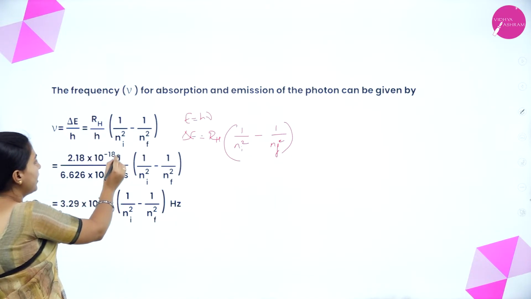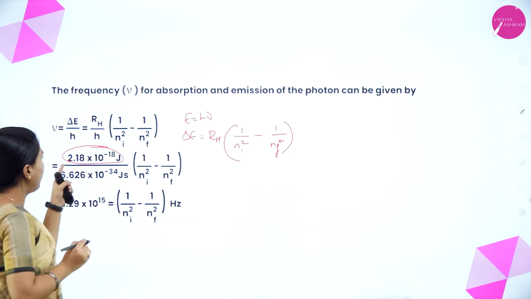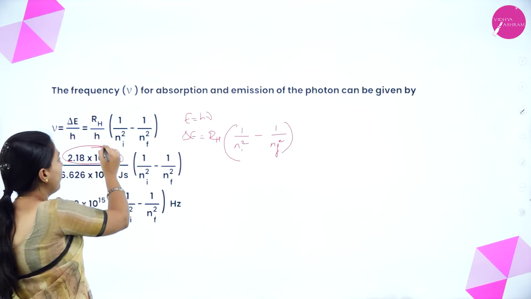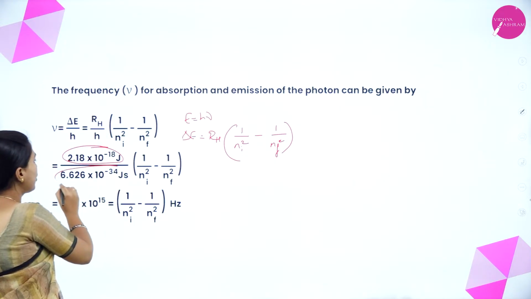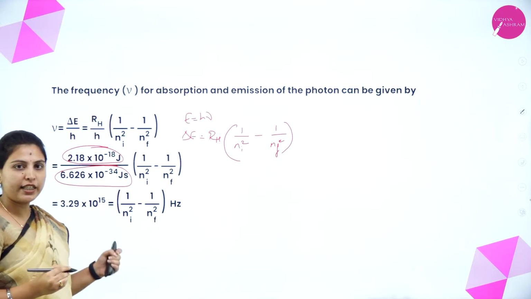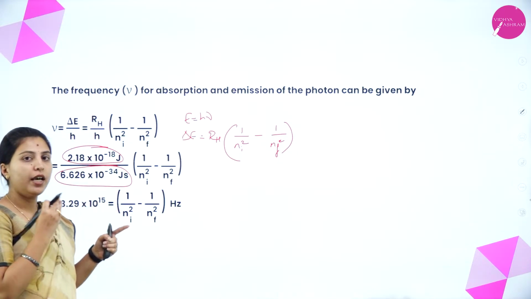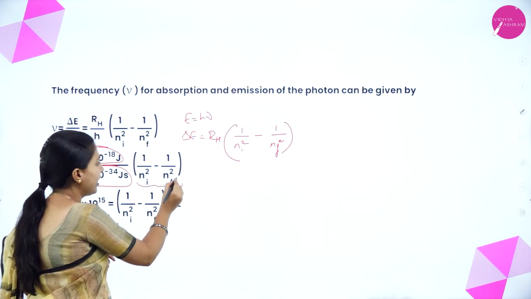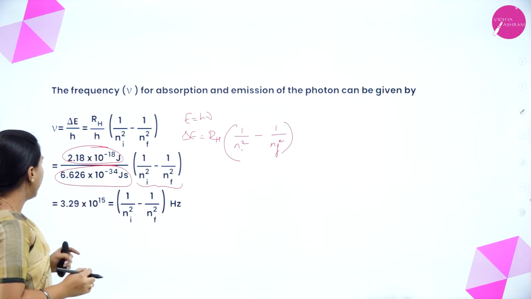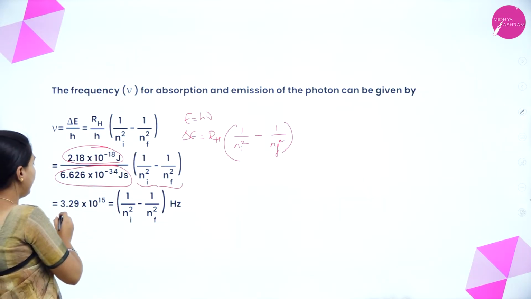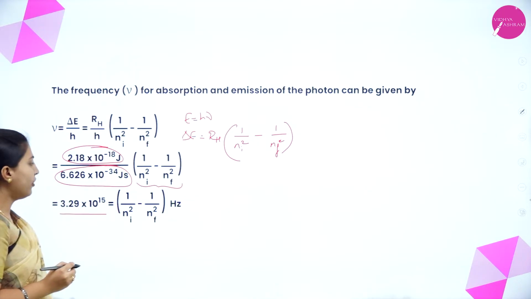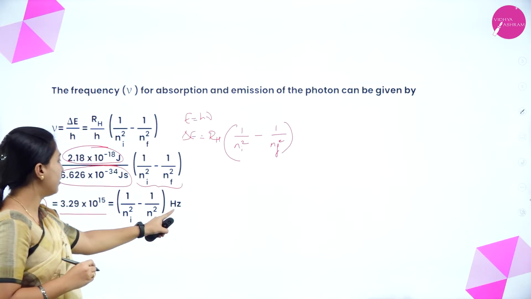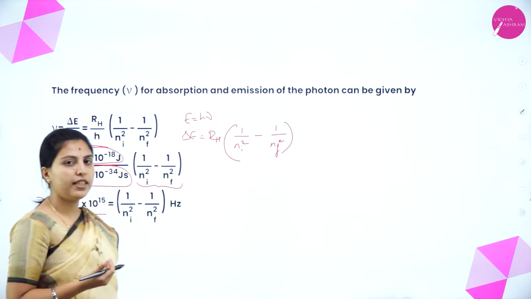First, here the Rydberg constant is 2.18 into 10 to the power of minus 18 joules, and Planck's constant is 6.626 into 10 to the power of minus 34 joule seconds. As I told already, we will not touch the energy levels yet. By dividing these, we get 3.29 into 10 to the power of 15. This is nu, and the frequency will be in hertz.